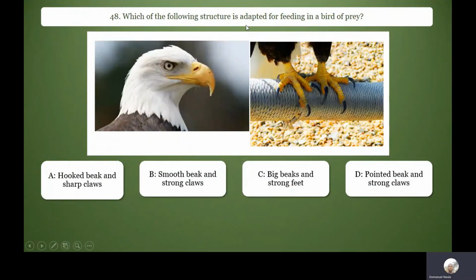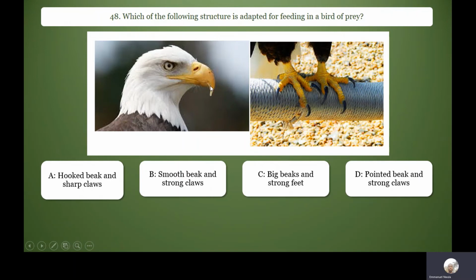Which of the following structures is adapted for feeding in a bird of prey? Hooked beak and sharp claws. You can see their hooked beak. Birds like the eagle, the hawk.